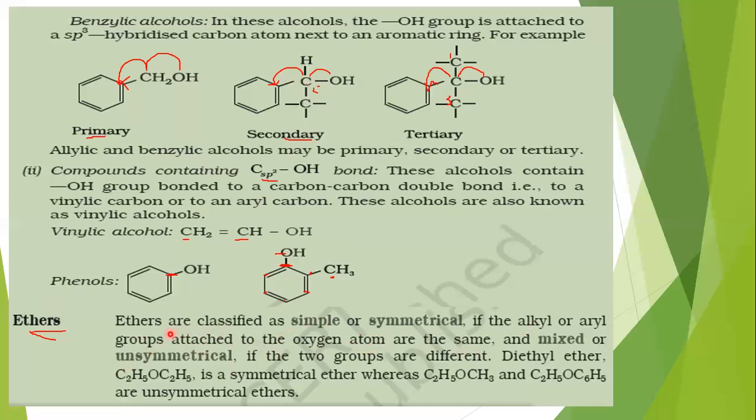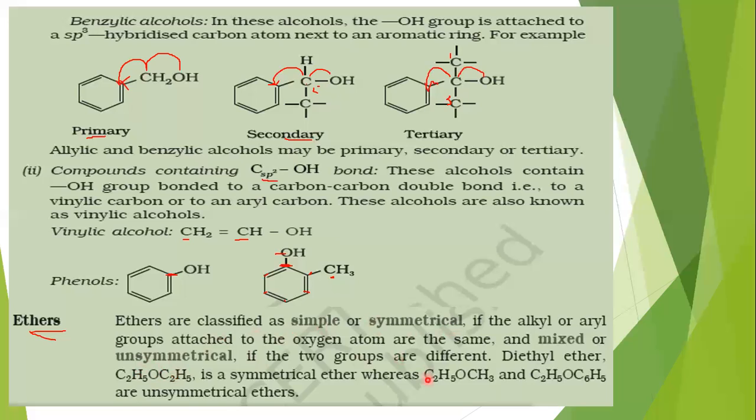Ethers are the compounds which have oxygen bonded to two alkyl groups or alkyl or aryl groups. Okay. If both alkyl groups to which oxygen is bonded are the same, then it is called a simple or symmetrical ether.